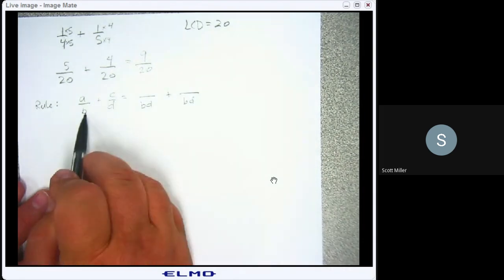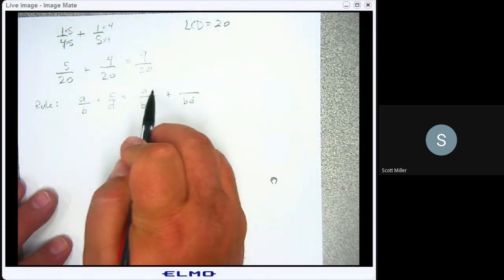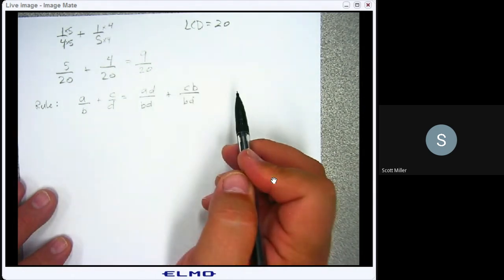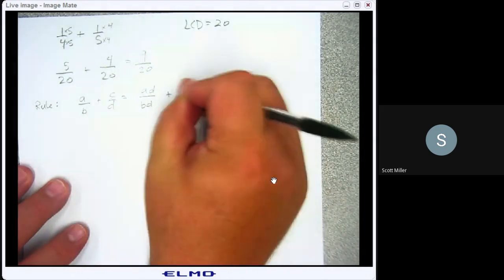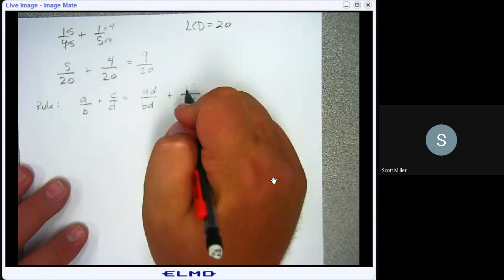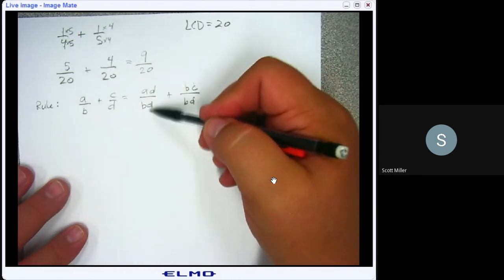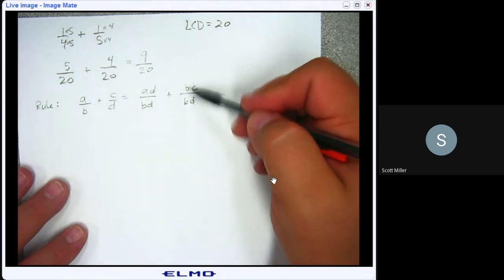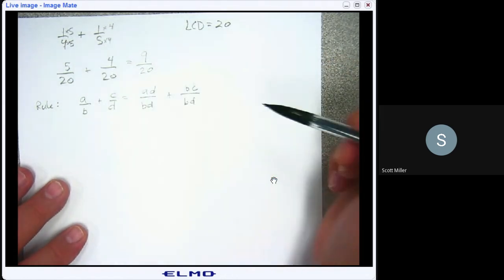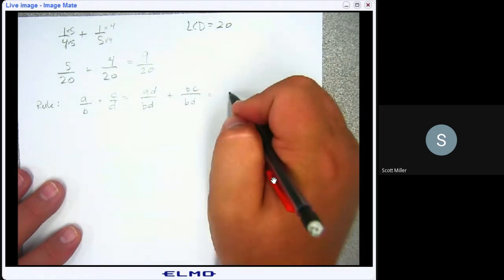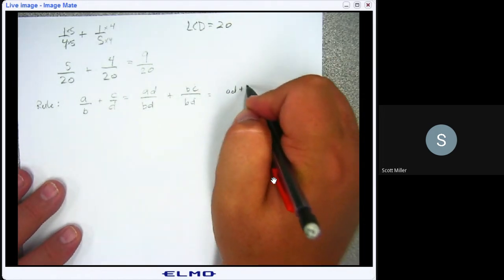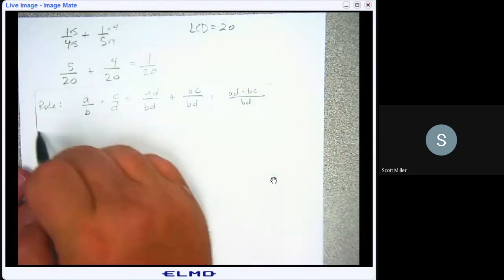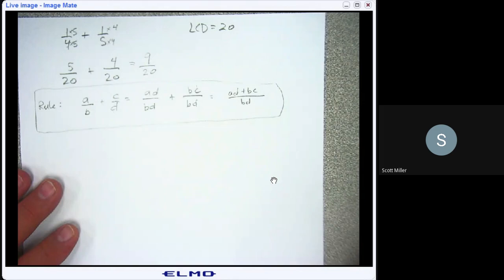So this one needs to multiply to D, so the top multiplies to D. And this one multiplies to B. Let's write it this way, and you can see it a little bit better. See how the D's drop out? And you get A over B. See how the B's drop out? And you get C over D. And then you can add the tops. So this is your unlike term process.